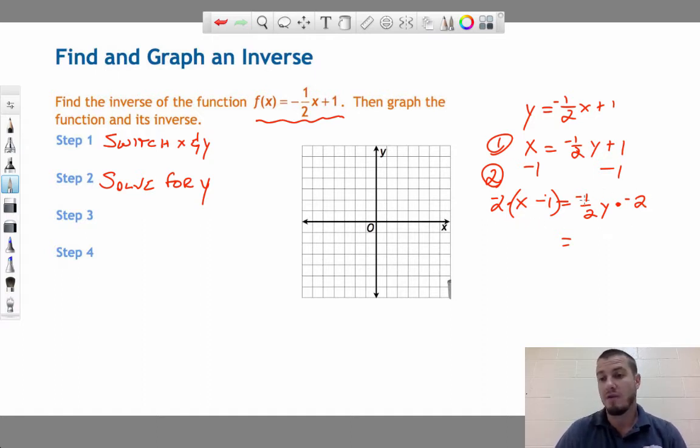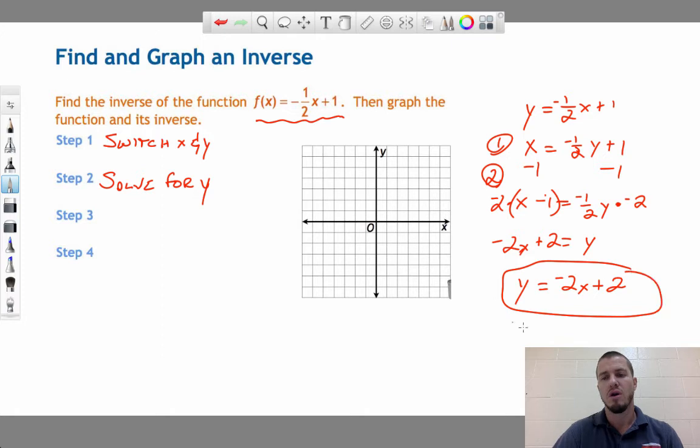So I get -2 times -1/2 becomes 1y, and -2 times x is -2x, and -2 times -1 becomes +2. So the inverse relation is y equals -2x plus 2. We can write that like this as well: f inverse of x equals -2x plus 2.